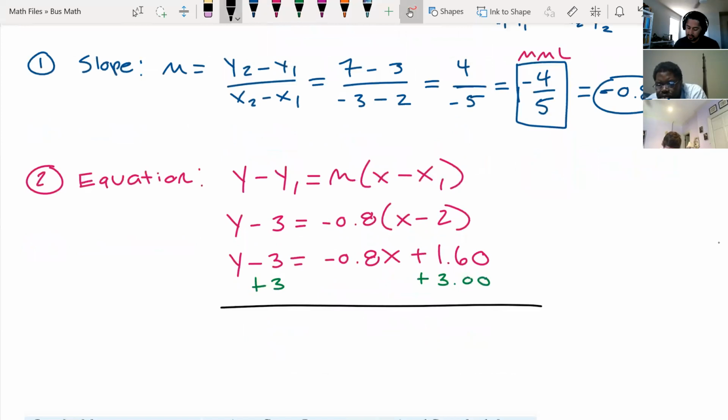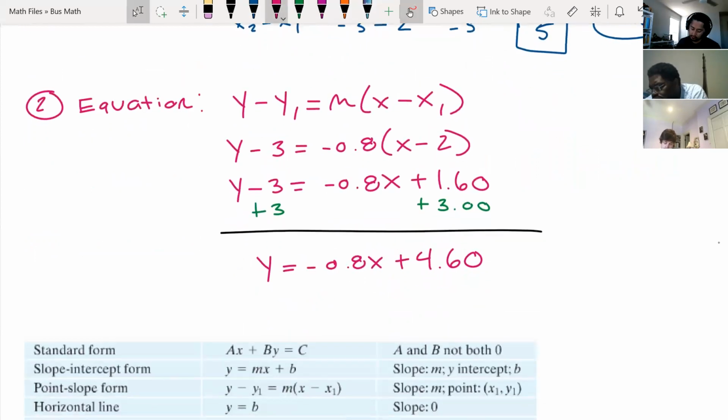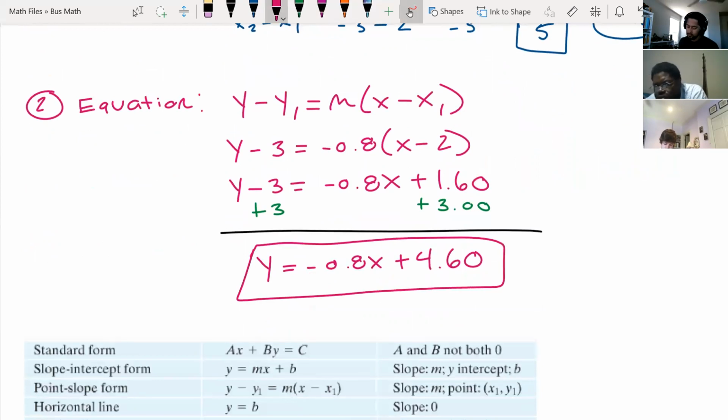And we get y equals negative 0.8x plus $4.60. Okay. Perfect. So there's that.